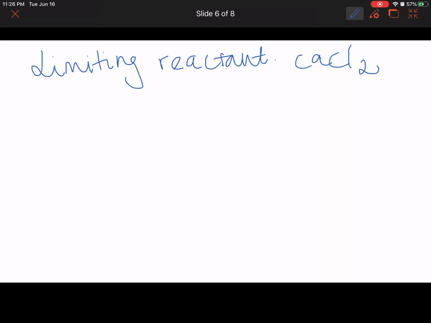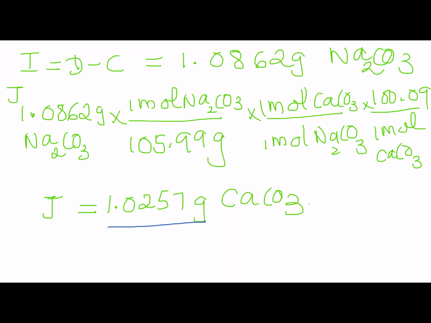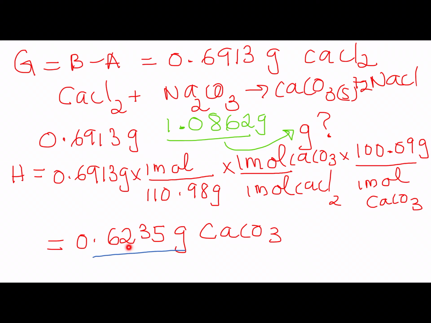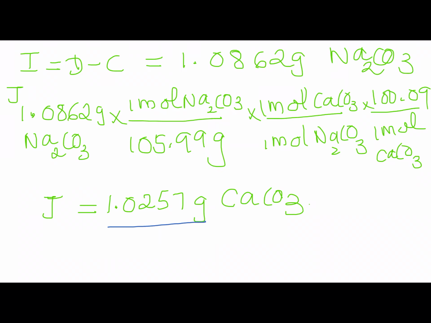Okay, and then K is: what is the theoretical yield of calcium carbonate? The theoretical yield is whichever is the lowest yield out of these two, 1.0257 or this number. So the lowest number is going to be your theoretical yield, which is 0.6235.